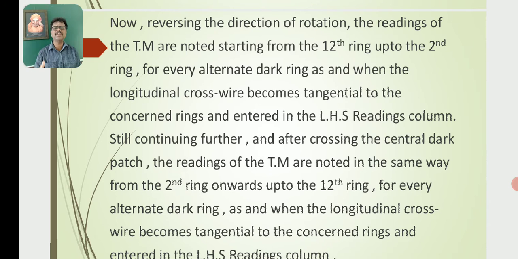Still continuing further, after crossing the central dark patch, the readings of the traveling microscope are noted in the same way from the second ring onwards up to the 12th ring towards the right, for every alternating dark ring, when the longitudinal crosswire becomes tangential to the concerned rings, and entered in the RHS readings column.